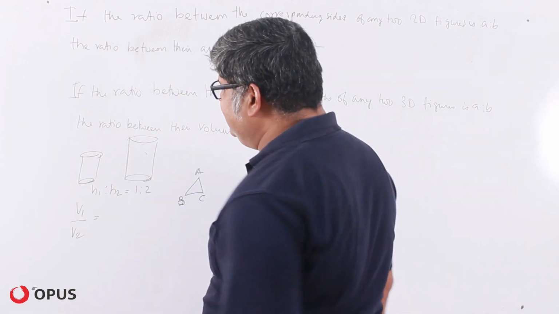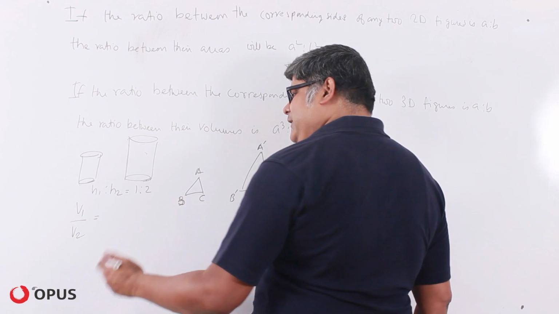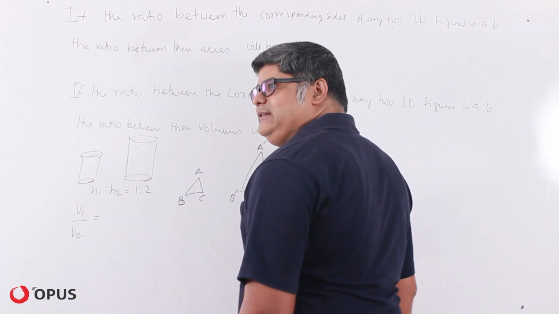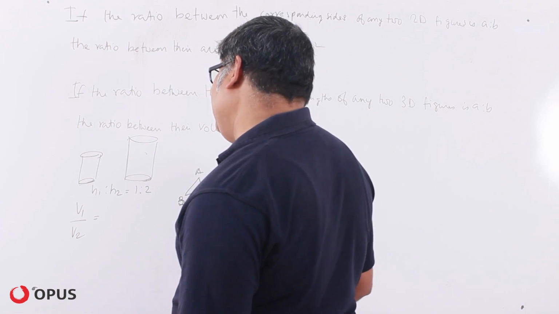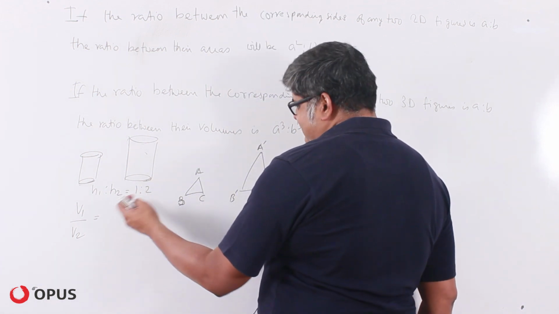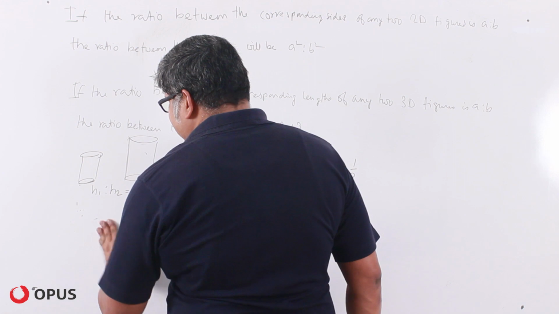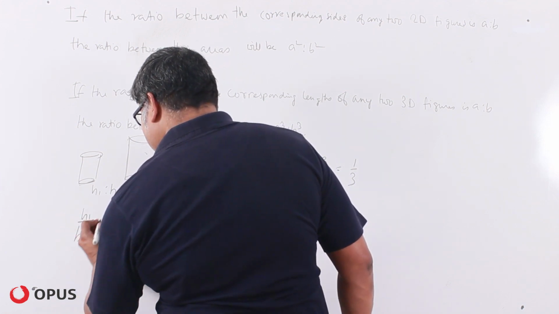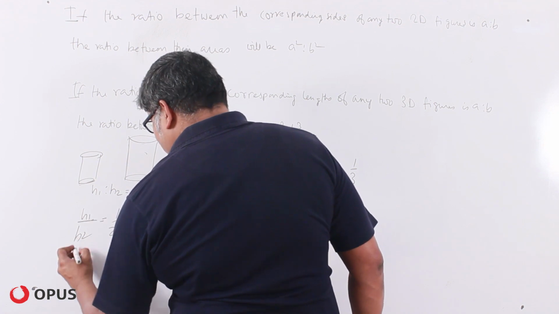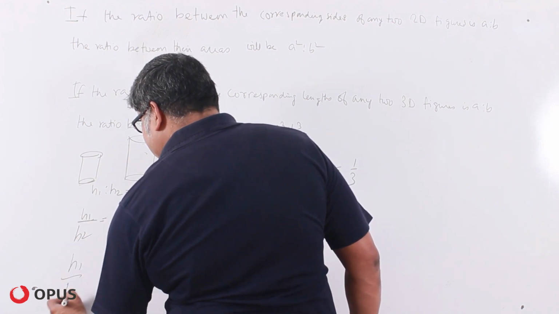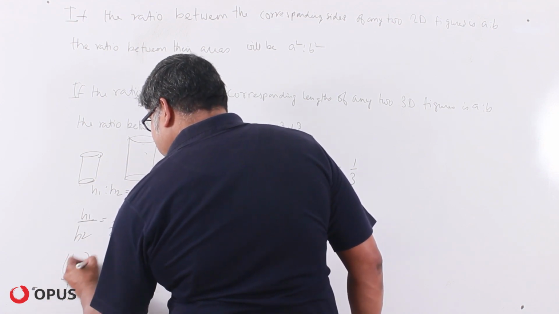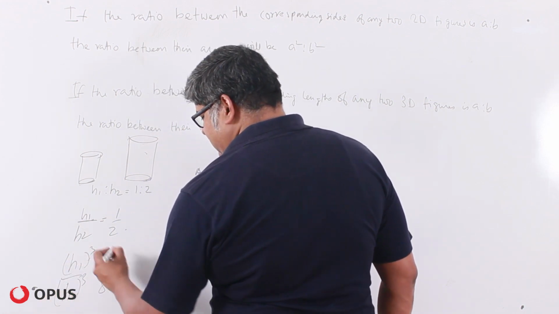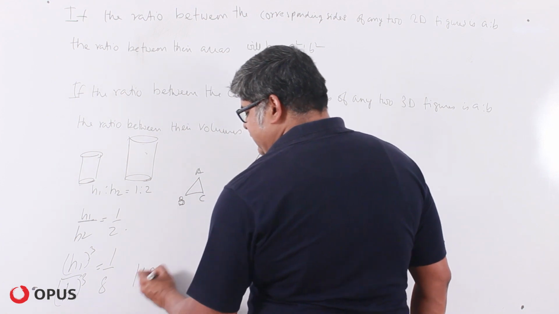What would be the ratio between the volumes? If the other parameters also expand that way, since H1 by H2 is 1/2, the corresponding volume would be H1 cube by H2 cube, which is 1/8, which means it is 1:8.